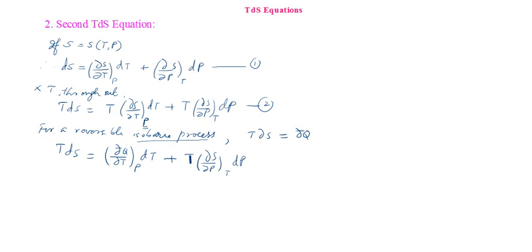Let me call this equation number 3. Now we have to see, what is ∂Q/∂T at P? It is nothing but Cp, the definition of heat capacity at constant pressure. So it will be Cp dT.